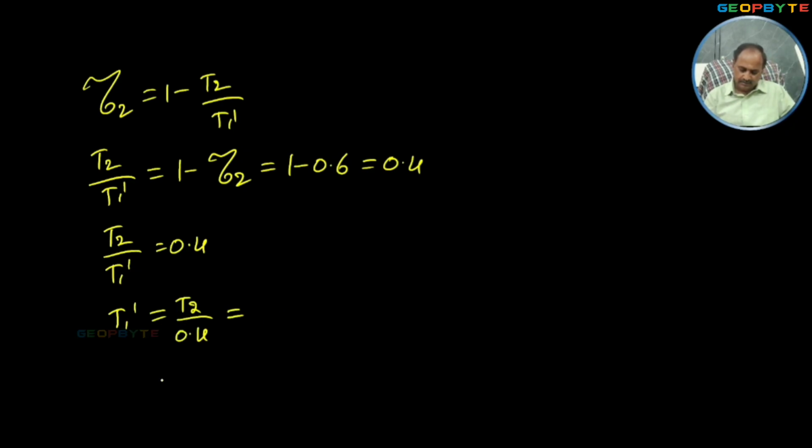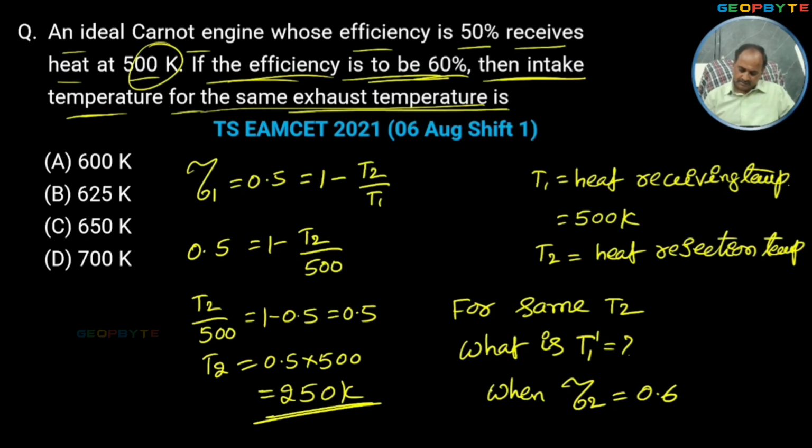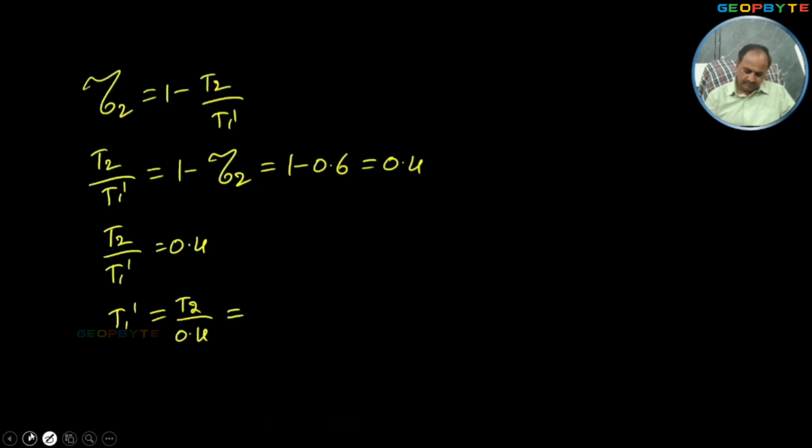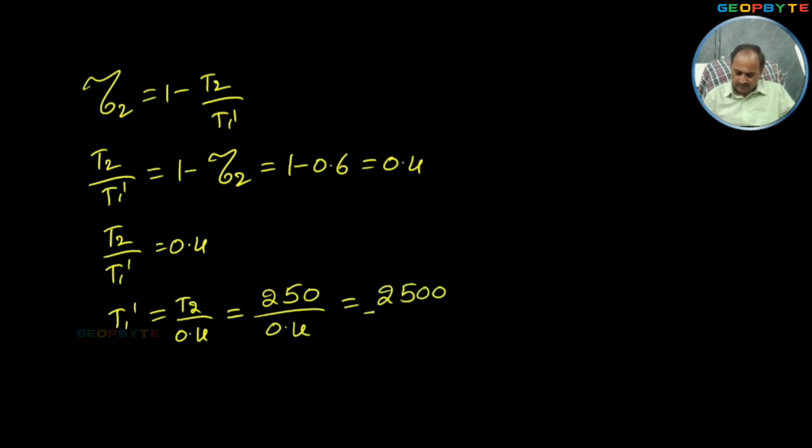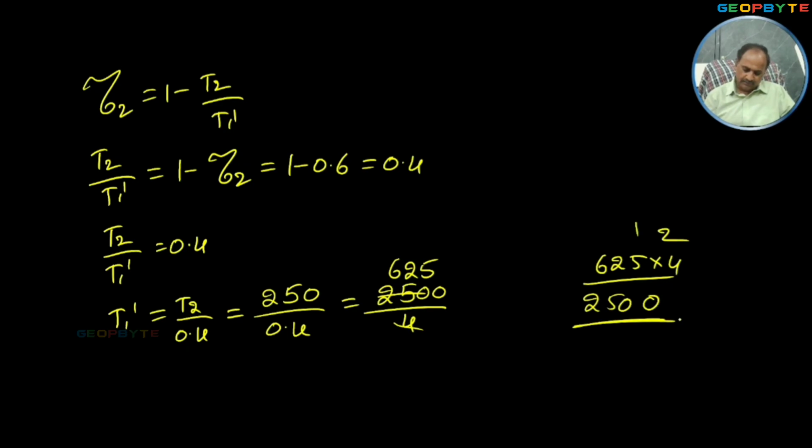Here, T2, how much? Look at T2: 250 Kelvin by 0.4. It is equal to 2500 by 4, which is 625 Kelvin.